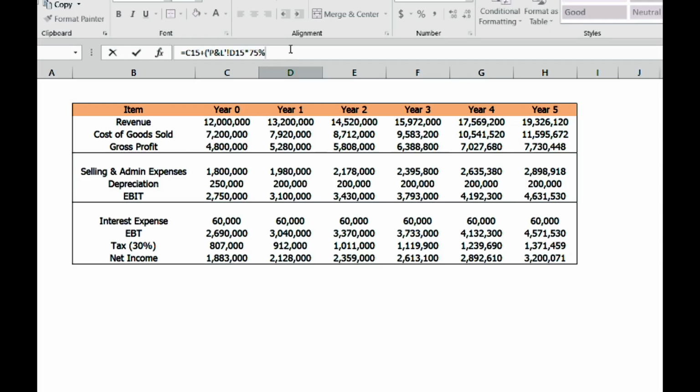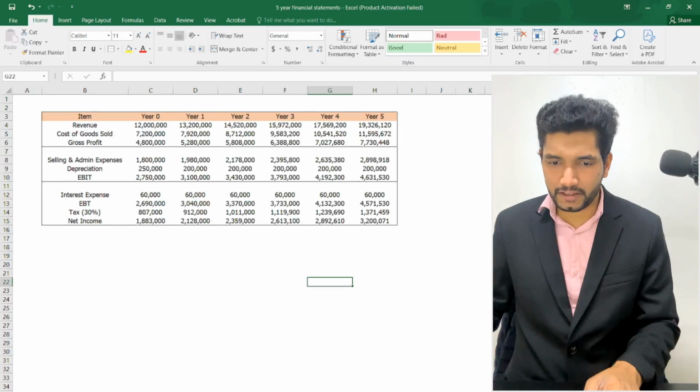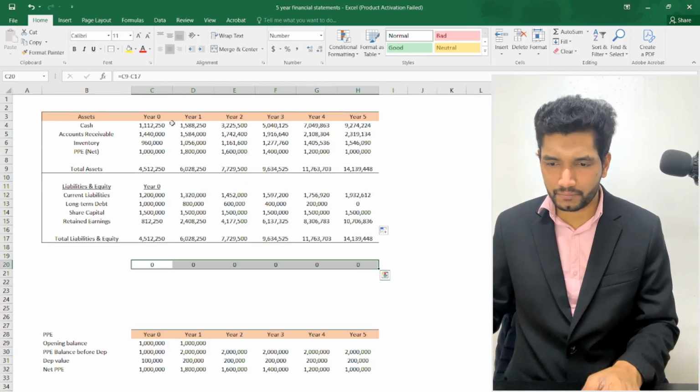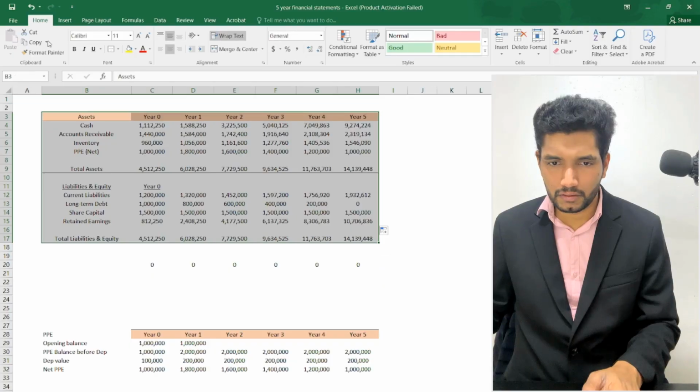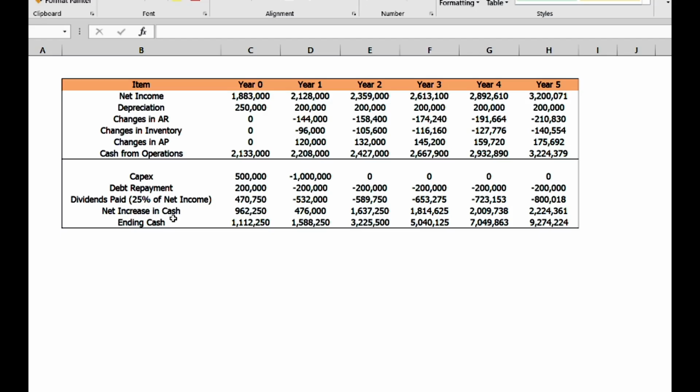This formula I put inside a bracket. As a final outlook, I'm just formatting this, applying the same character to bold. So now it is over.